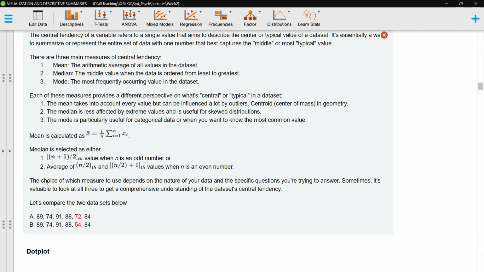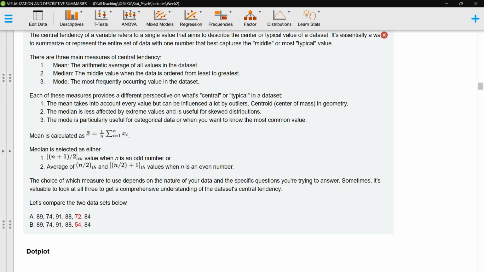Okay. And the choice of which measure to use, from the mean, median, and mode, depends on the nature of your data. In case of categorical data, we have to use a mode instead of the mean and median. But in case of a quantitative variable, in most cases, we use a mean or median instead of the mode. And it also depends on the specific questions you are trying to answer.